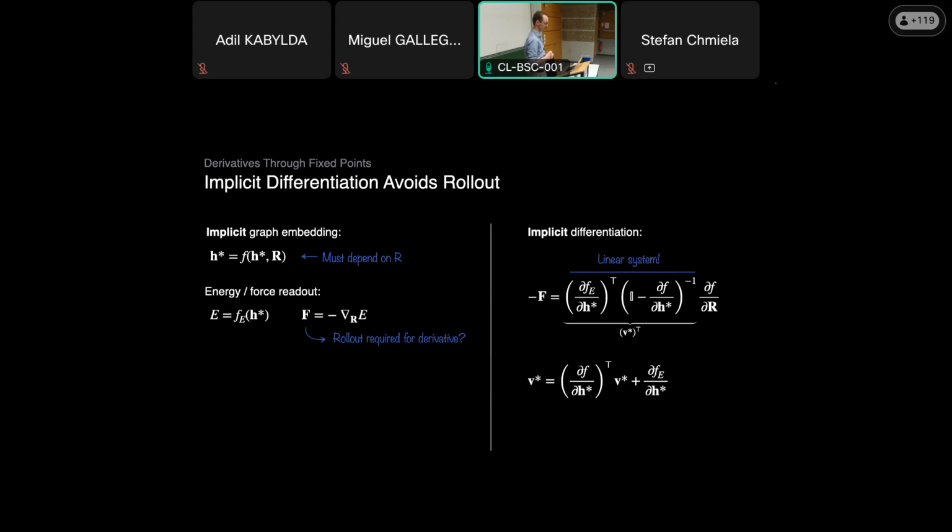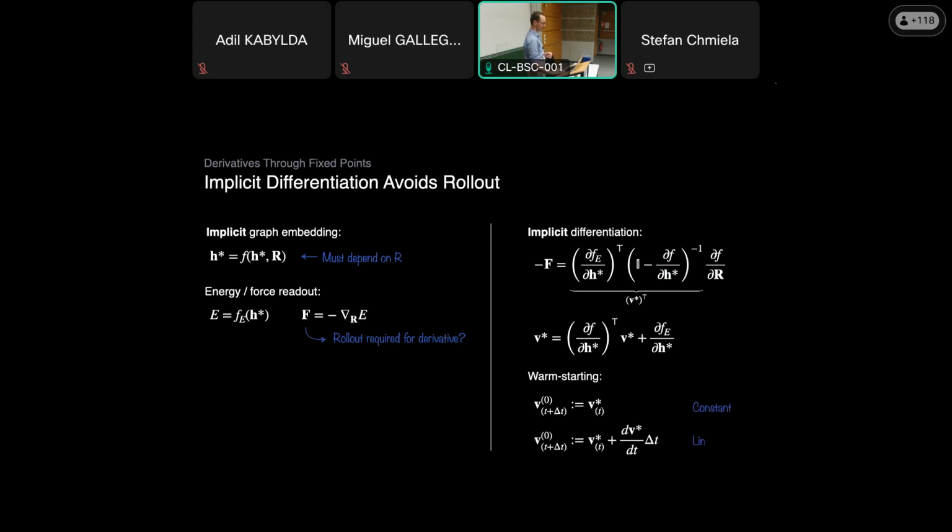As a numerical expression, this again is another fixed point equation, which means that we can not only start our iteration for the latent space embedding, but we can also start this other vector v star here. We can also warm start it in a similar way. For example, we could do a constant or a linear warm start, as you've seen previously.